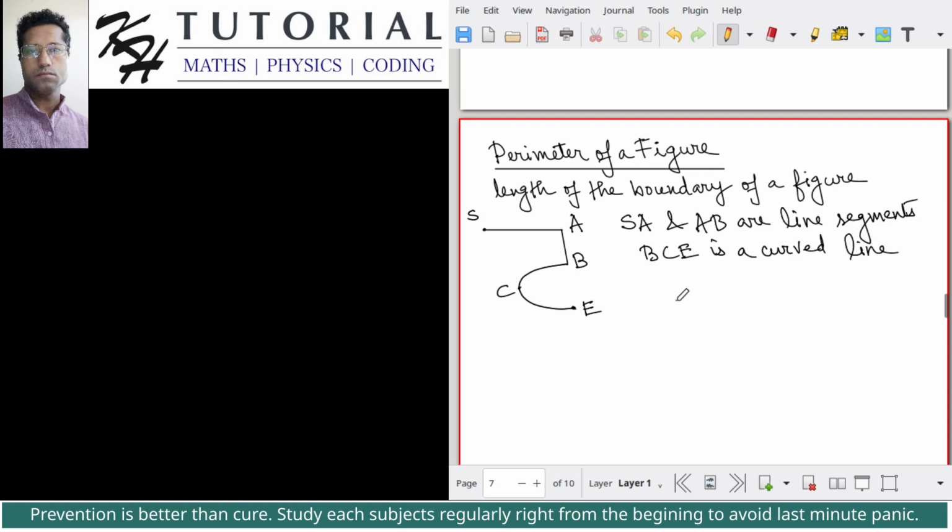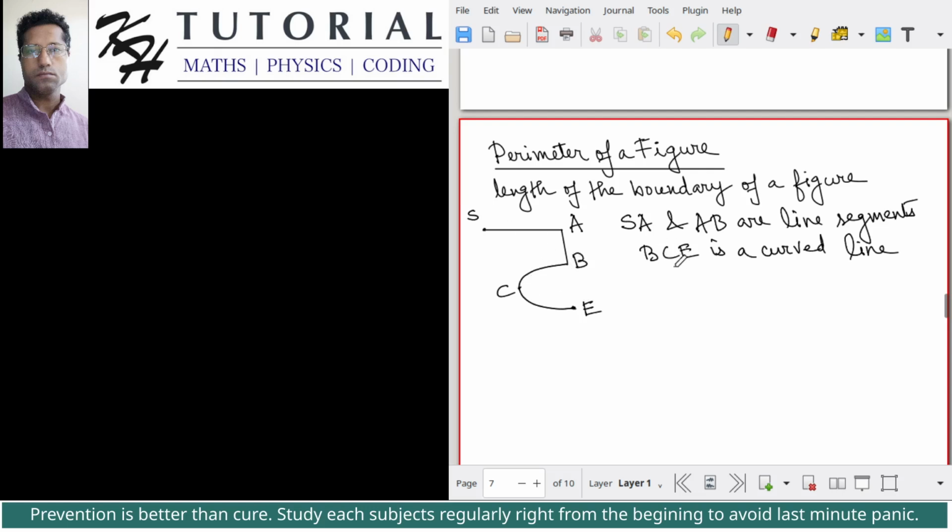So what is the boundary of this figure? As you can see, the boundary is SA and then AB, and then this curved line.